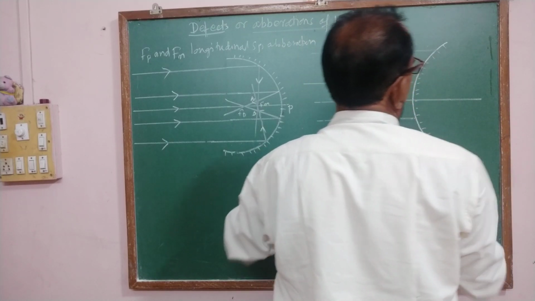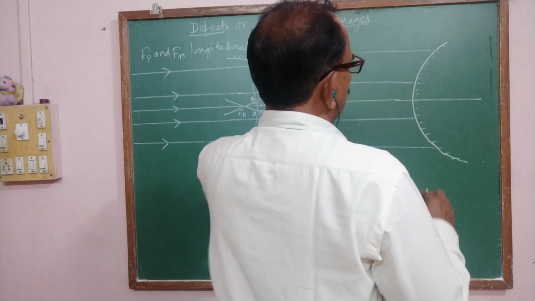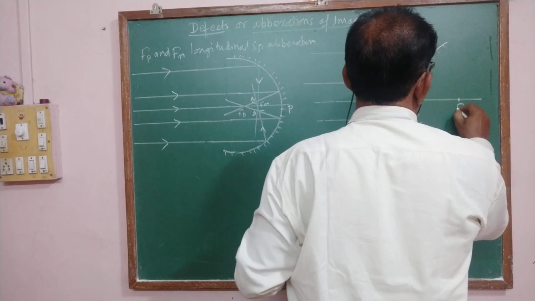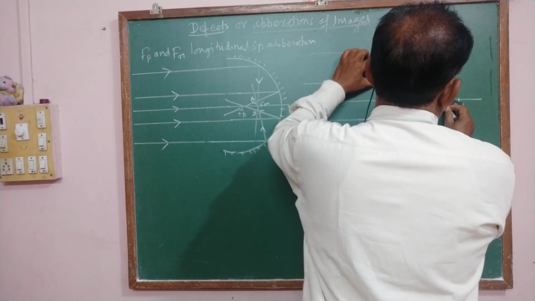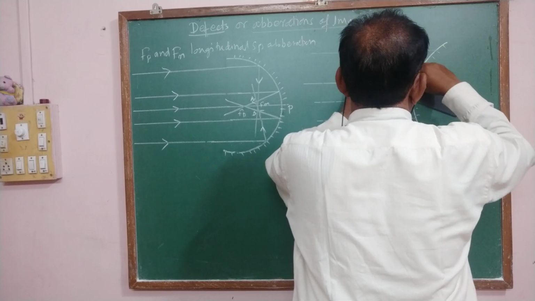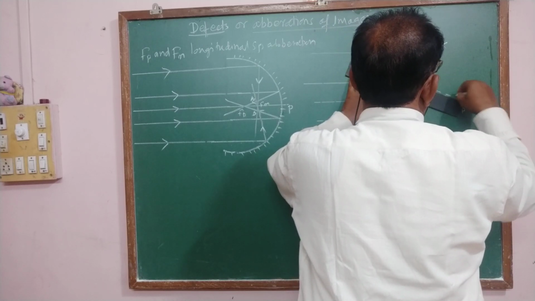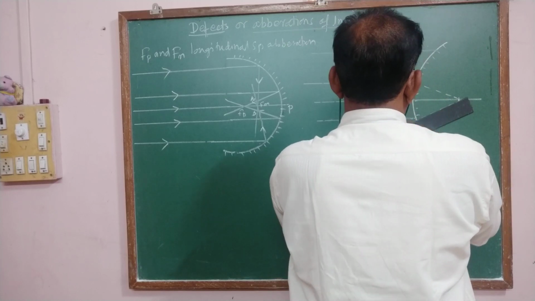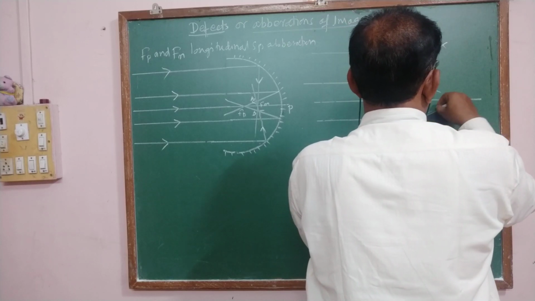Now the rays close to the principal axis will meet at a point called FP. And here is also the ray after reflection.